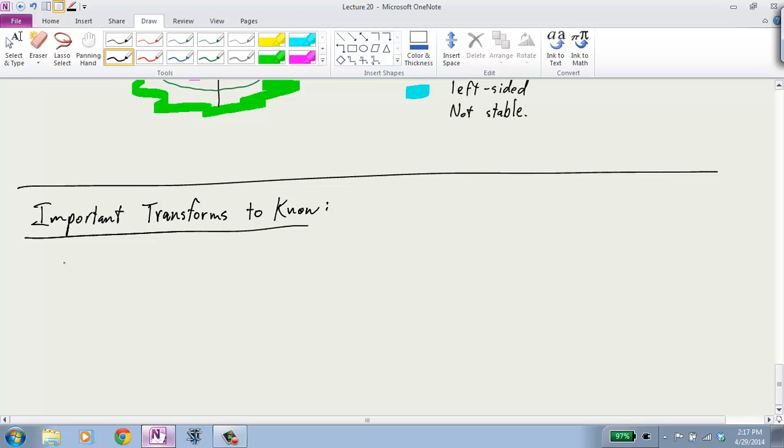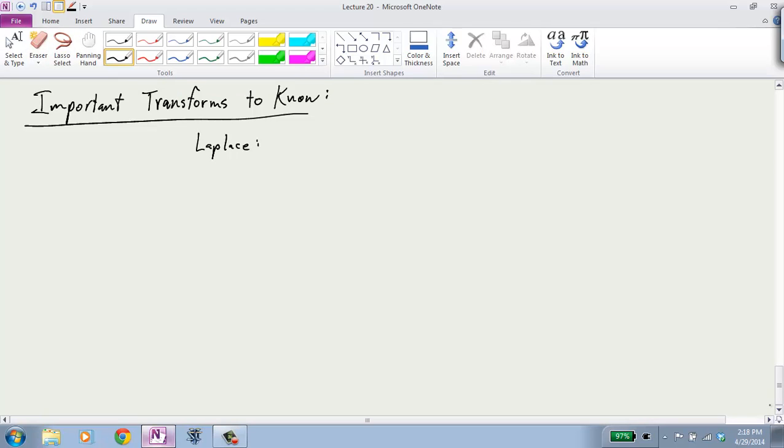So for Laplace, we have this e to the minus at u of t. Okay, that transforms over to 1 over s plus a, with the real part of s has to be greater than the real part of a.